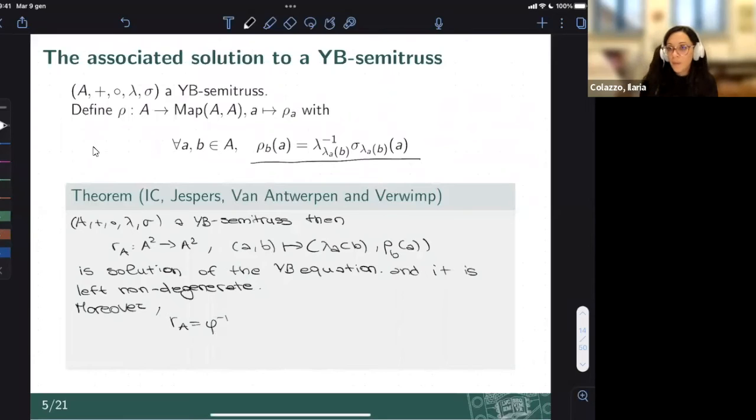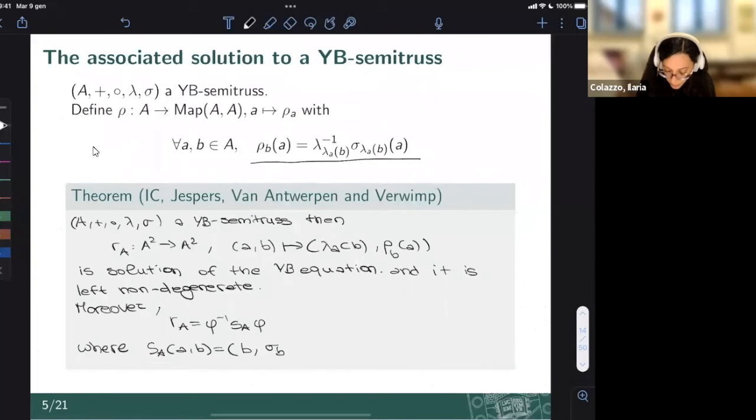I will tell you in a moment what phi is. Phi inverse is a phi where S is just the derived solution. If we compute the derived solution, this is just B comma sigma B of A, and phi is just the map given by A and then lambda A of B. So what we can see is that this is P.